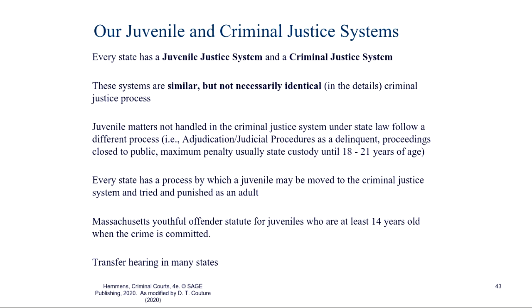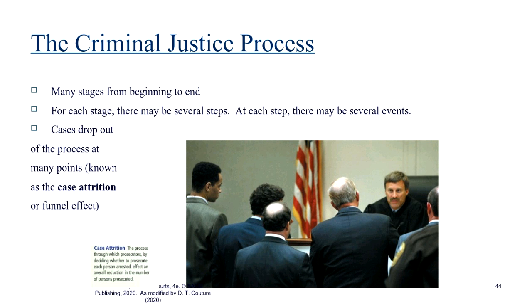Other states have what's called a transfer hearing process. And I mention that only to be clear that what we're looking at here is the adult criminal justice, not the juvenile justice process, which is different.